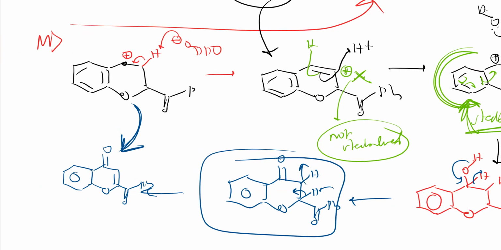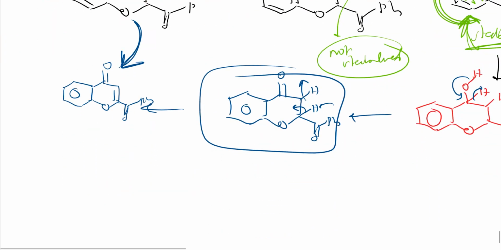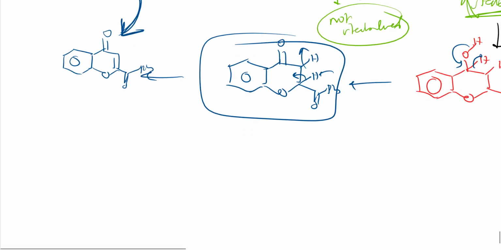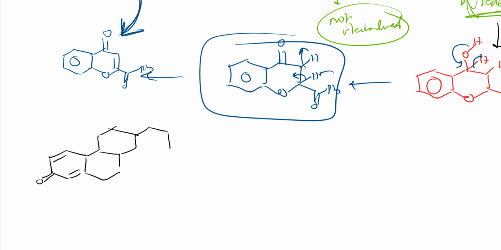If I give one more question for you, try to write the mechanism for it. From a steroid I'll give, right? So OH is there, and here a methyl, and here also a methyl is there, right? Like this. To this I will add DDQ in the presence of TsOH, and I will get this product.